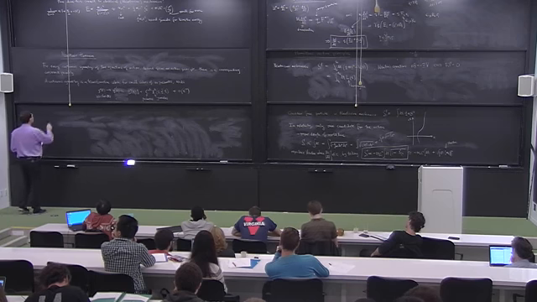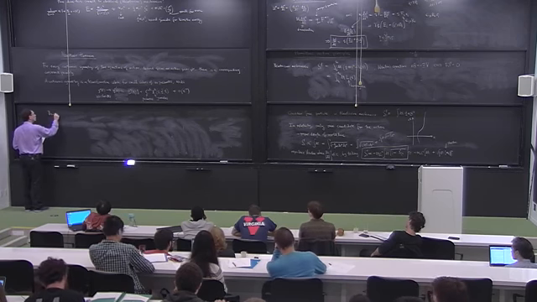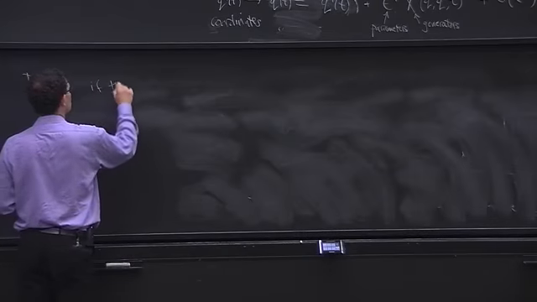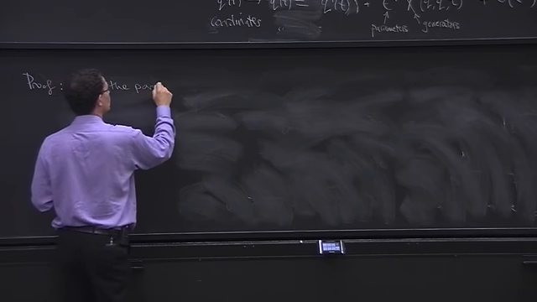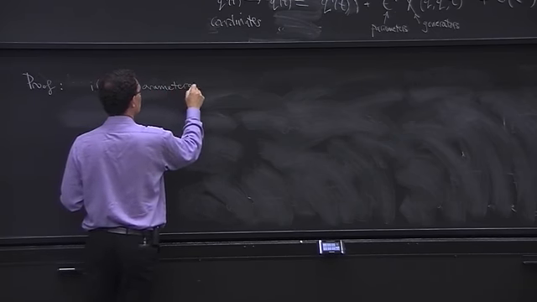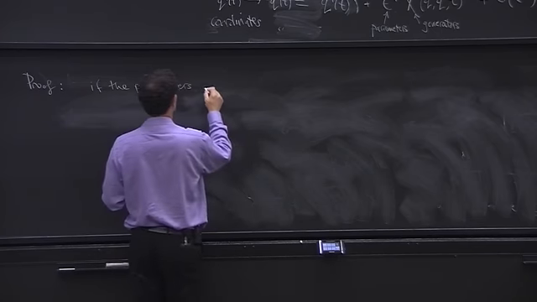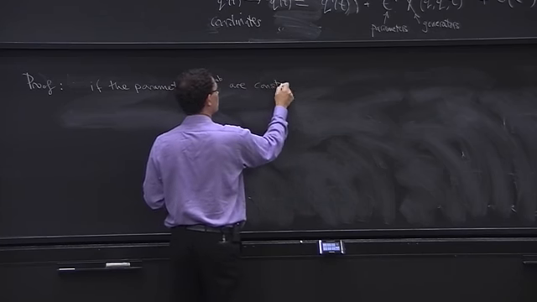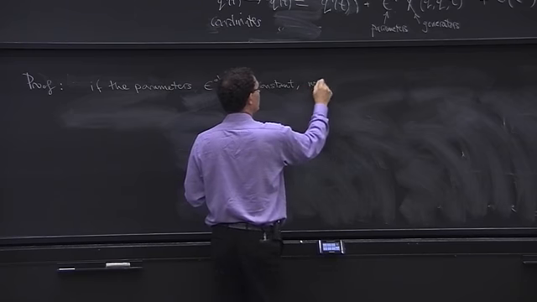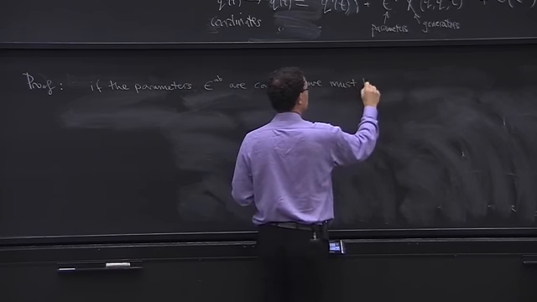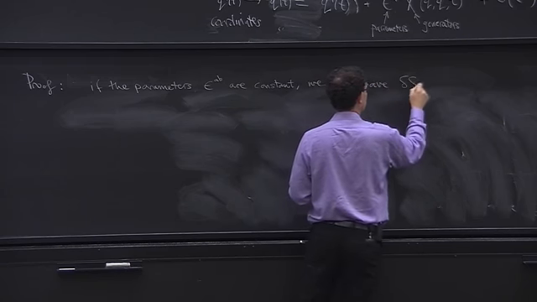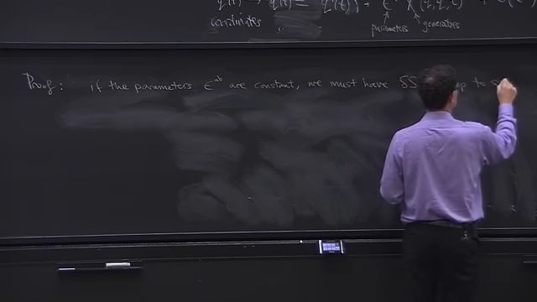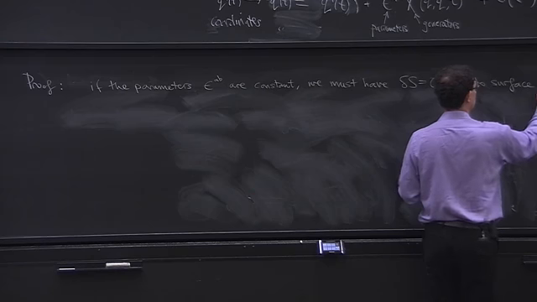Now, here's the proof. If the parameters epsilon AB are constant, we must have delta S equals 0 up to surface terms.